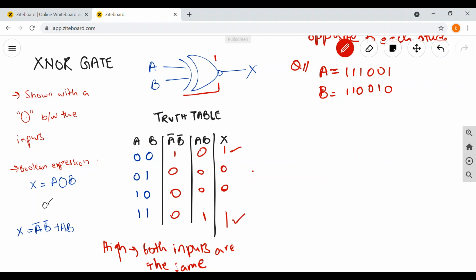So let's make the truth table for these two binary numbers, which is 1 1 1 0 0 1 1 1 0 0 1 0.